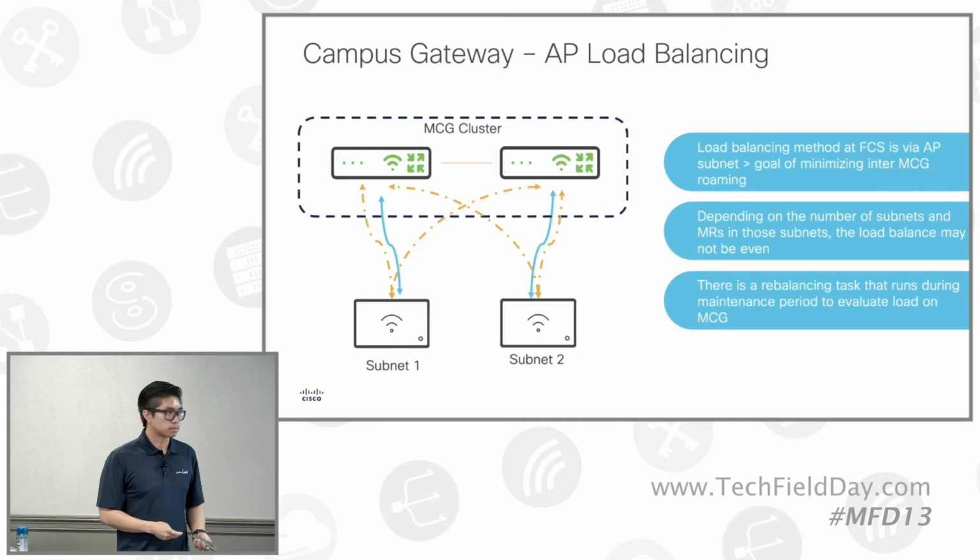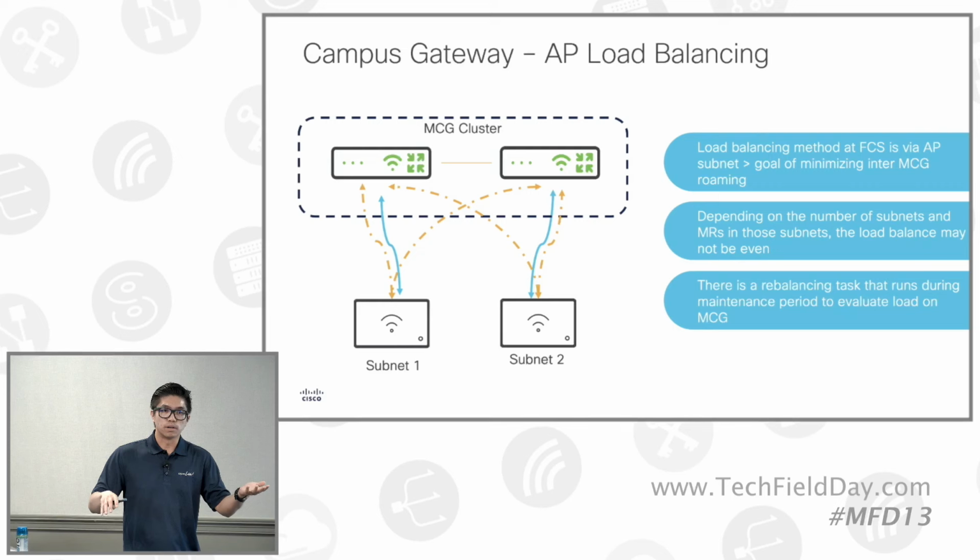Okay. So that's why we're putting the same APs in the same subnets in the same MCG, to minimize that inter-MCG roam. That'll happen when you first add them. When we do the initial load balance, it'll be based off of those subnets. But let's say at the maintenance window, if you have more APs in certain subnets than others, there might not be a 50-50 balance.